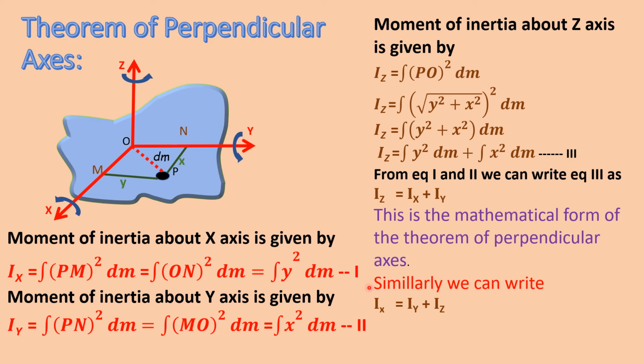Similarly, we can calculate the moment of inertia about the y-axis if we consider x and z as a plane and y as the perpendicular axis to it. So Iy can be written as Iz plus Ix.